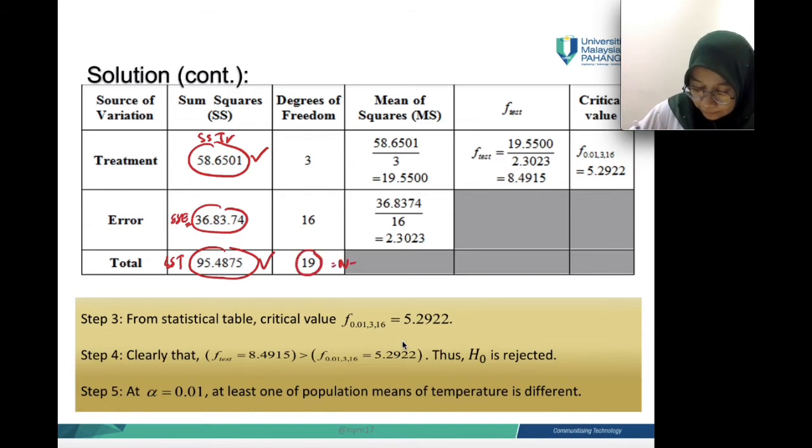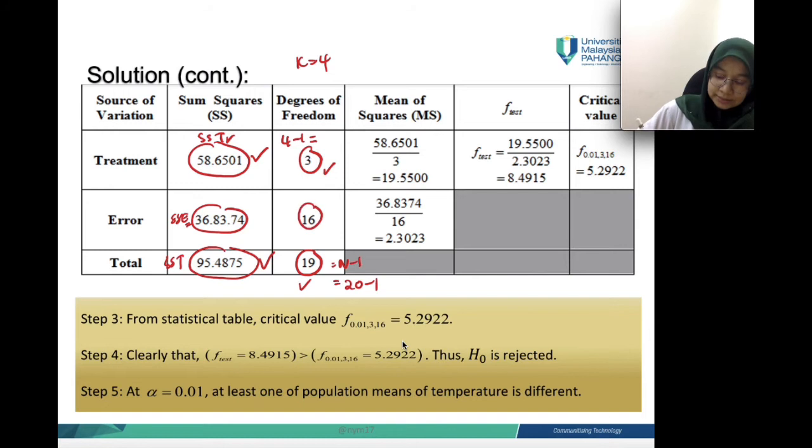It is n minus 1. Total data is 20 minus 1, you will get 19. How do we get 3 here? Total treatments minus 1. K equals 4, so 4 minus 1, you will get 3. How do we get 16 here? 16 is 19 minus 3. 19 minus 3, you will get 16.